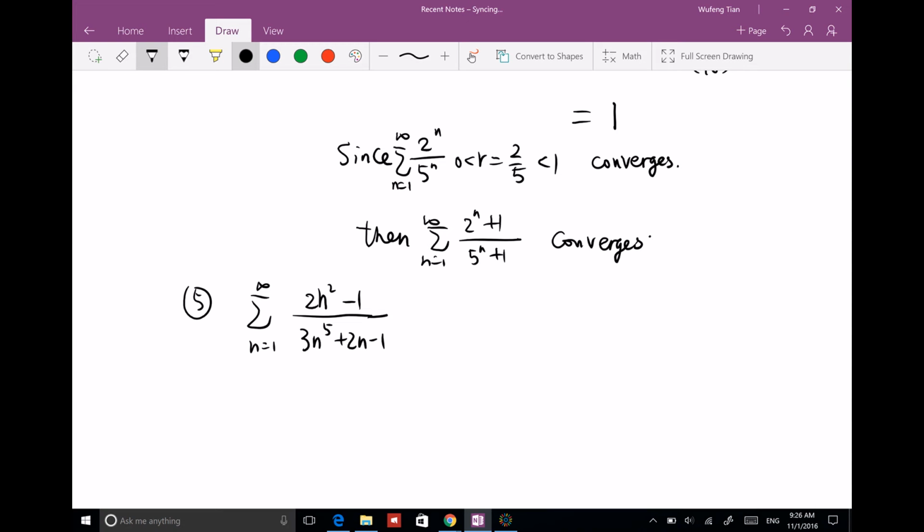It's much simpler for you to just find a series to divide with. I'll give you 10 seconds to finish it. The 2n squared minus 1 divided by 3n to the power 5 plus 2n minus 1.